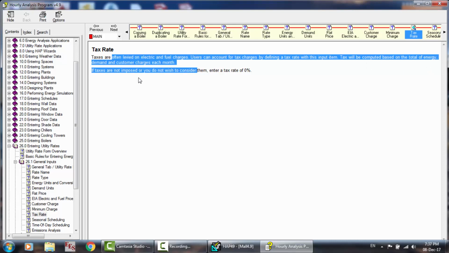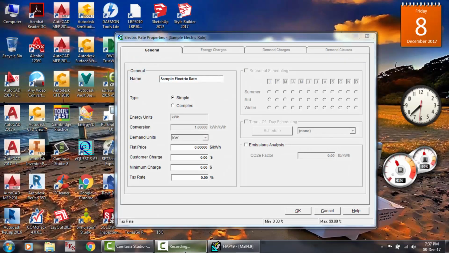If taxes are not imposed or you do not wish to consider them, enter a tax rate percentage of zero. So here is the tax rate. It's according to the total consumption. There is no seasonal scheduling and no time of day scheduling, because this is just the simple type.